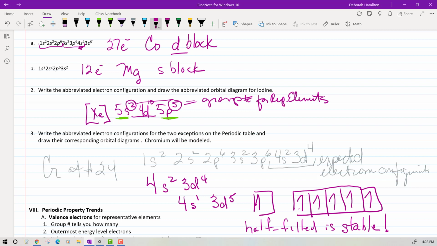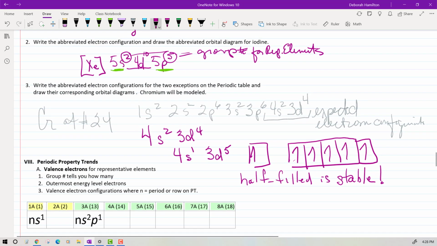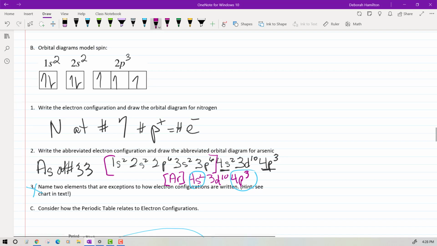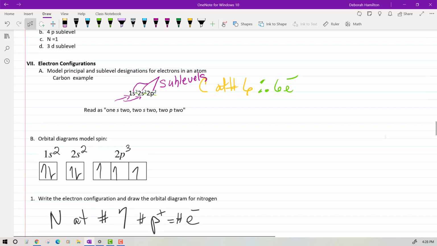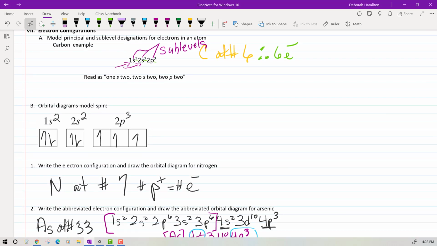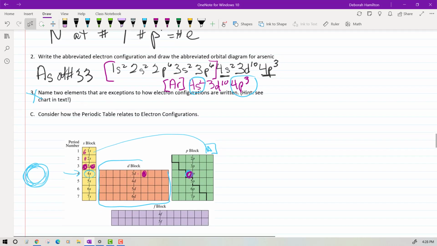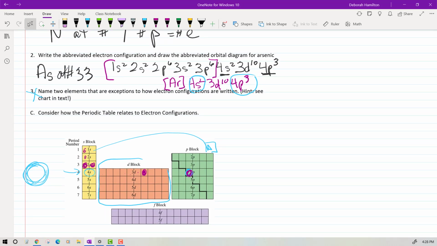Okay, but that's how to do electron configurations and use the periodic table to do electron configurations. It's so easy to just look at the periodic table and know, once you're familiar with the blocks that are there and the numbers that go with the blocks for the rows: 1s, 2s, and so on, S block, the D block.